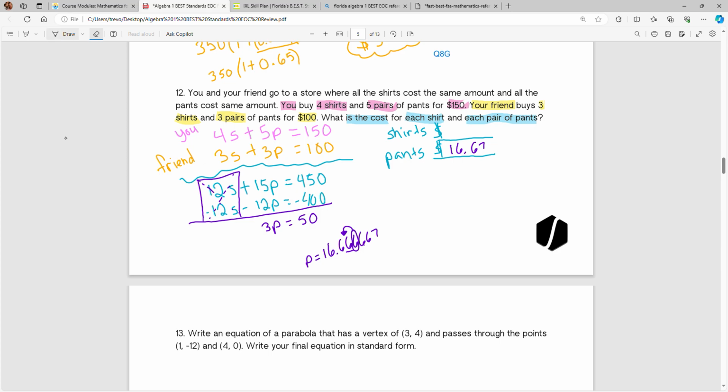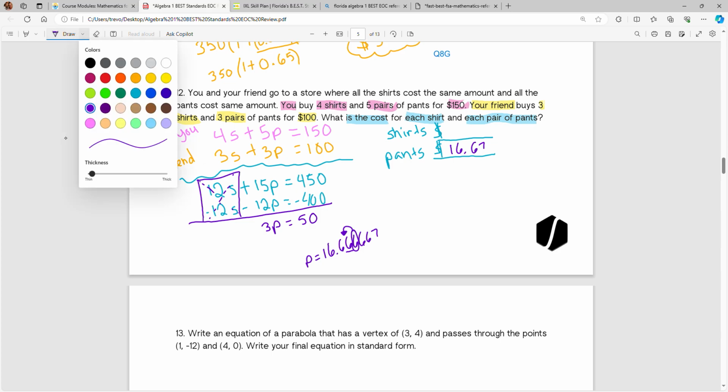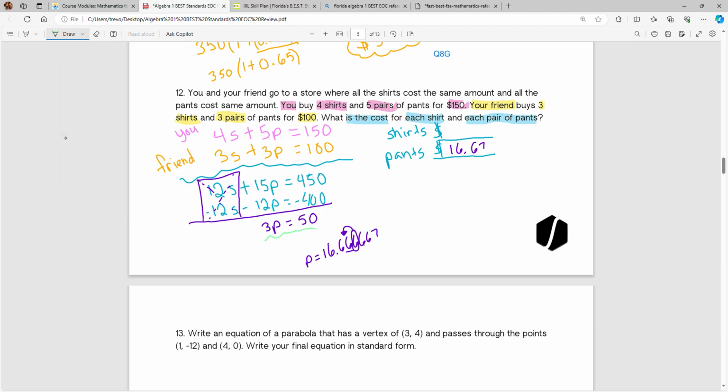I see right now that I have 3p equals 50, and there's a 3p right here. So I can substitute this in for here, and I think it'll save me a little pinch of time.